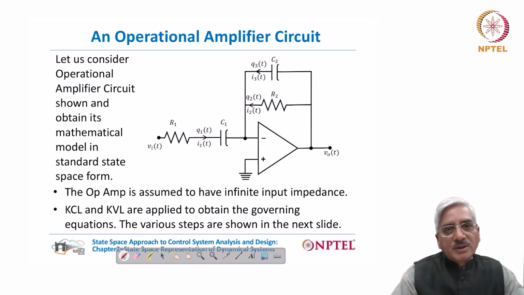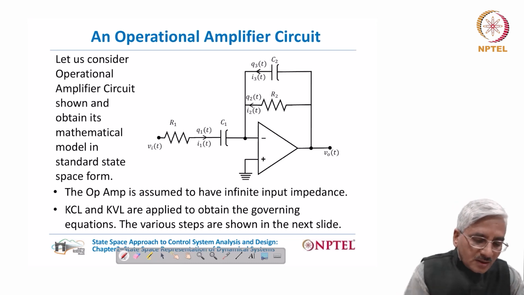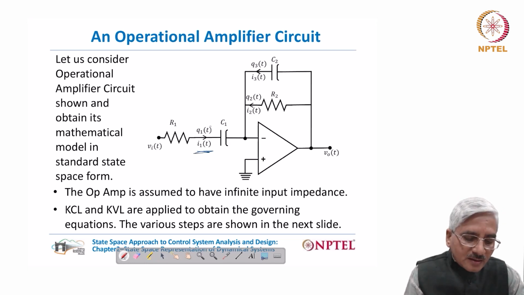and it is shown here. It is very simple. You can see that an input voltage Vi is applied to a series interconnection of resistance R1 and capacitance C1, such that the current in this branch is I1, which is indicated here, and the corresponding electric charge is Q1.